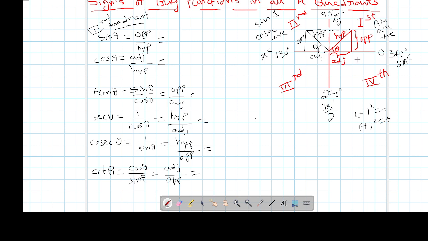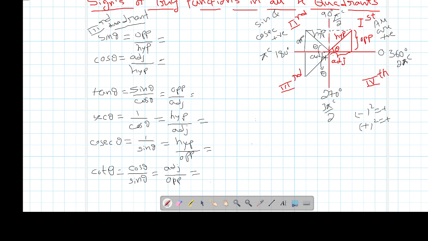So theta will be... Let me draw that triangle also. This angle is theta.